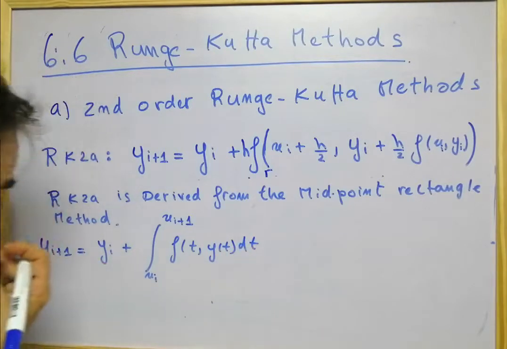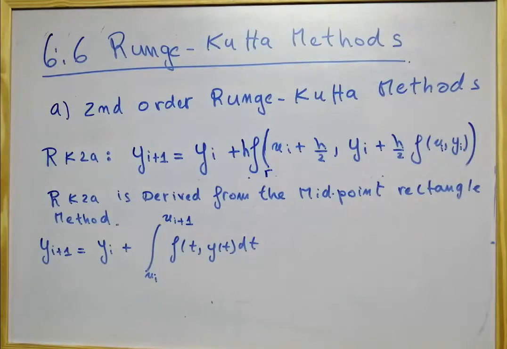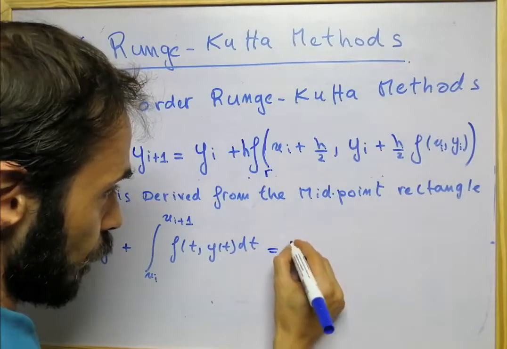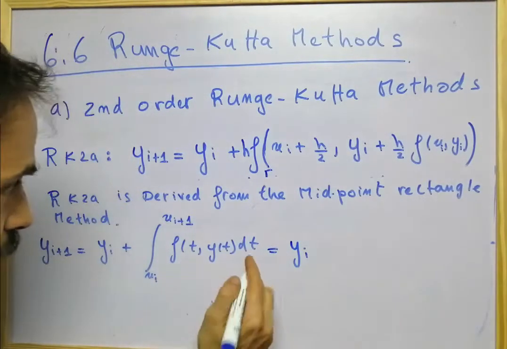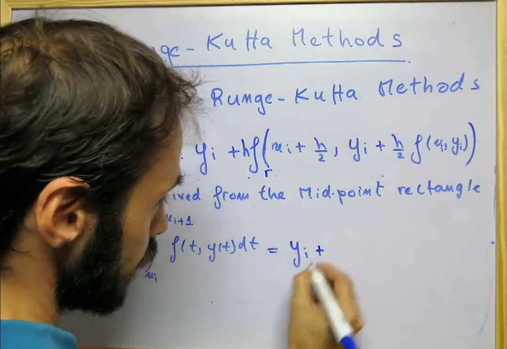And like I said, if I use the rectangle midpoint approximation here, then it's y i plus h times f of the midpoint.